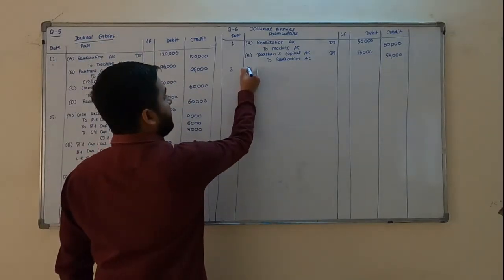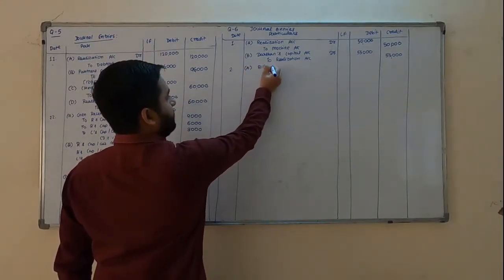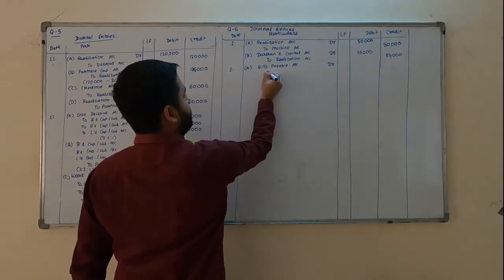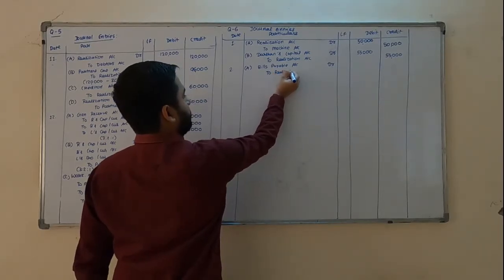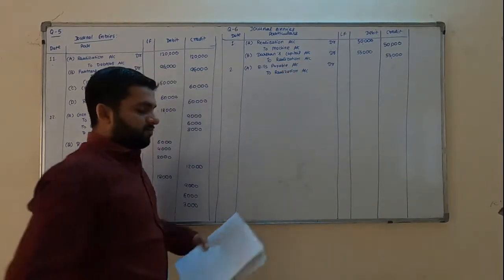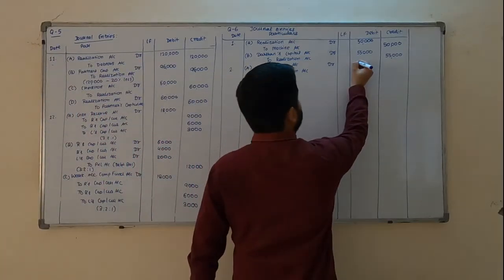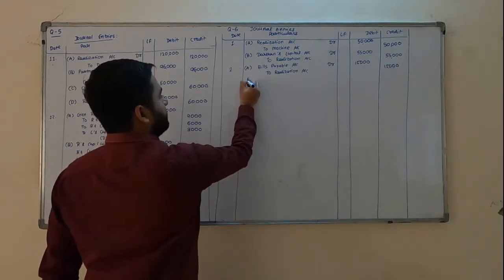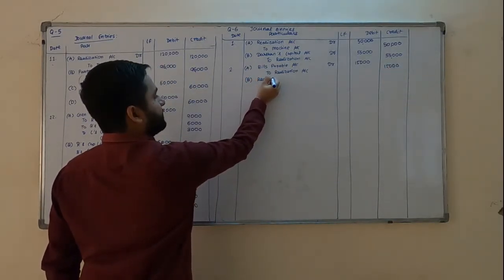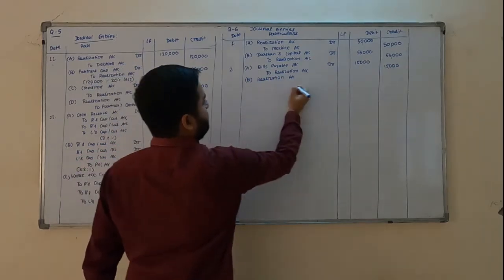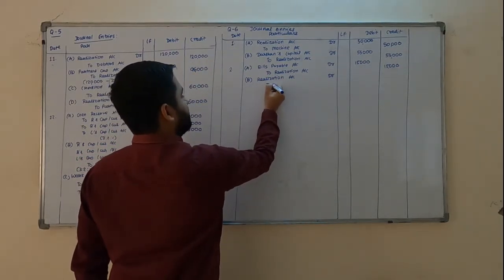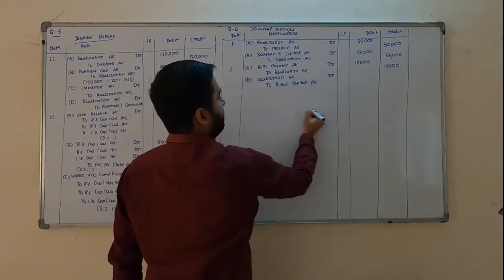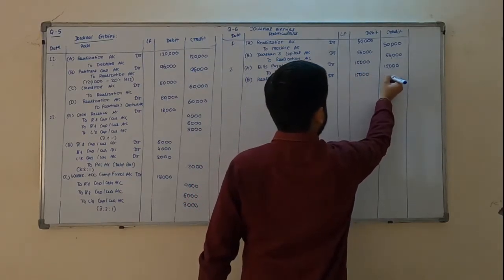Bills payable is a liability. To close it, bills payable account debit to realization account. Now only one amount is given, so that is the only amount to close, and Bimal is accepting it. Entry B: if we were simply paying, then realization to cash bank, but Bimal is paying, so realization account debit to Bimal's capital account. Again the amount will be the same, 15,000.